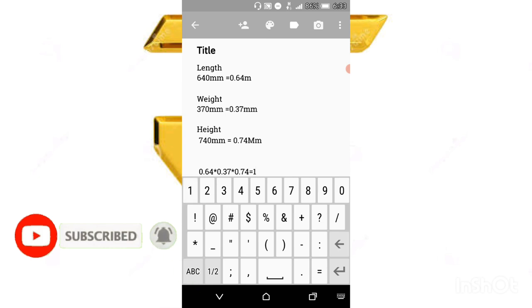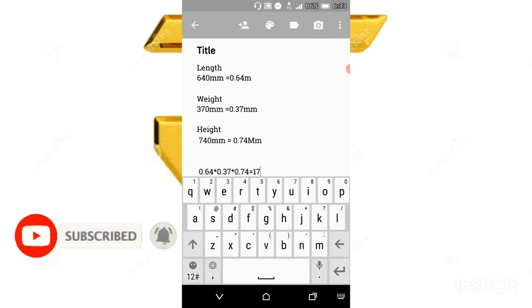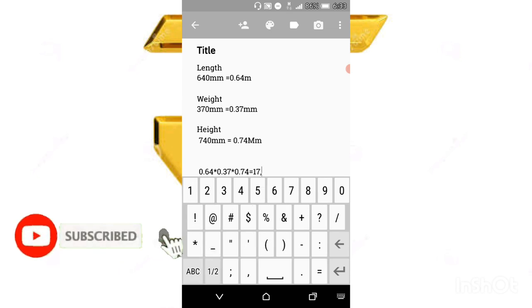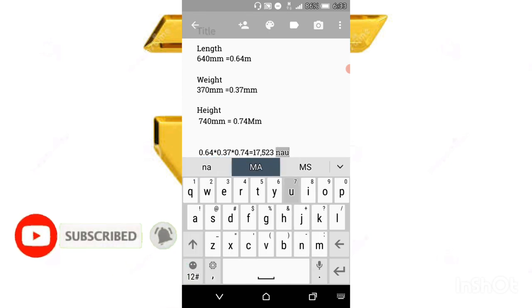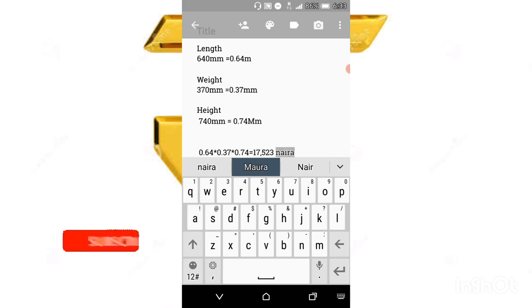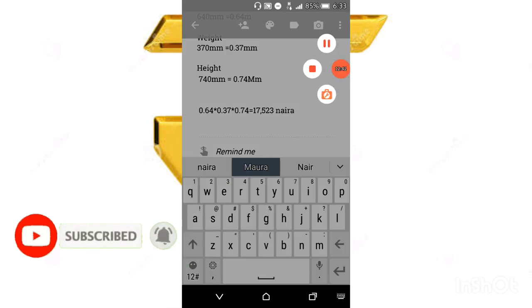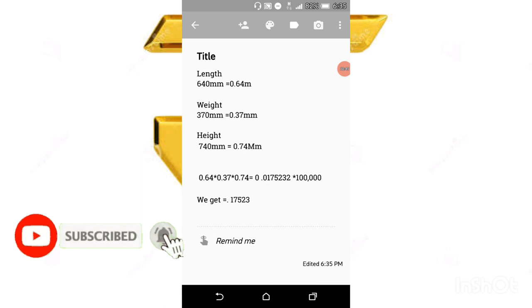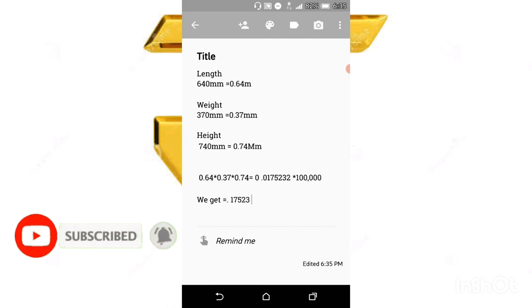Do remember, we get 17,523 naira. This is the raw calculation.